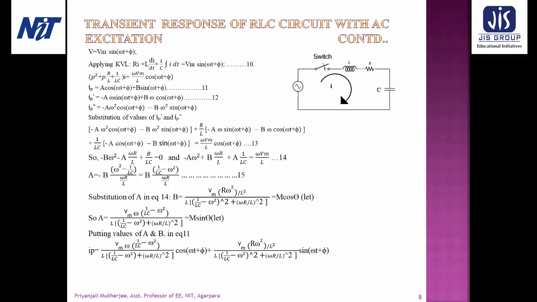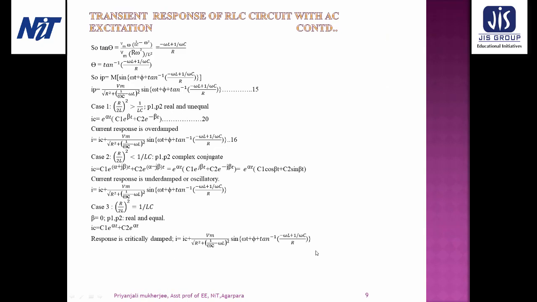The total current I_P becomes A into cos(ωt + φ), this is the A part, plus B into sin(ωt + φ), this is the B part, and tan θ becomes this, so θ becomes tan inverse of (minus ωL plus 1/ωC) divided by R. And this I_P becomes m into sin(ωt + φ + tan inverse of this), this is actually θ, and I_P is equal to V_m divided by m.